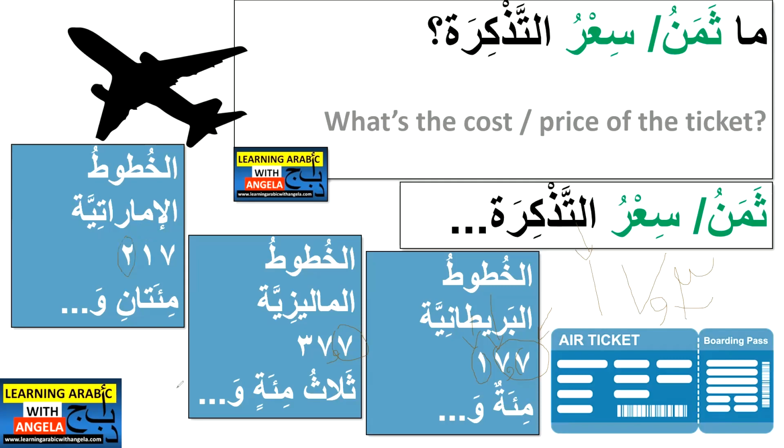So 200 is 200. 100 200. 217. 17. 217. 17. And obviously you can add the currency, whether it's dollars or, pounds and so on.